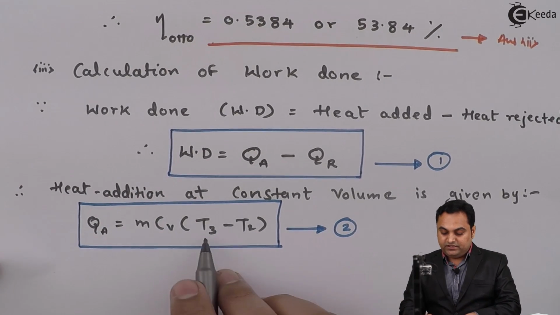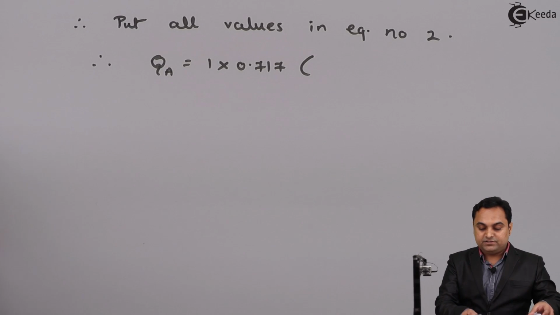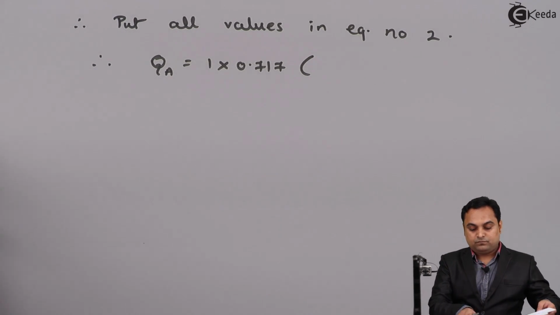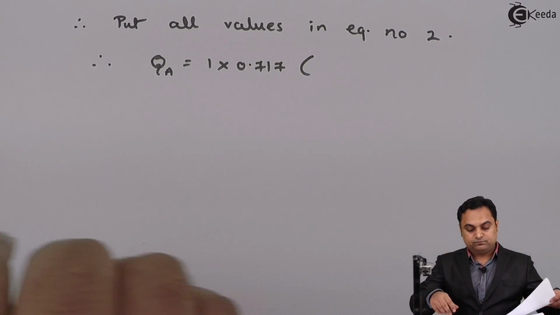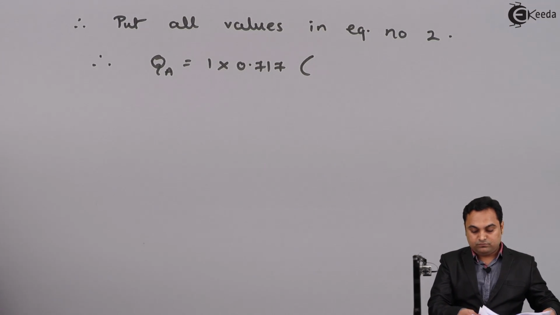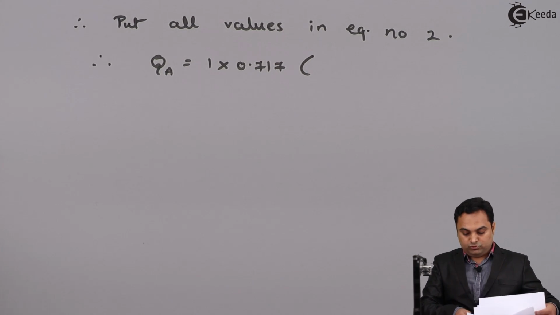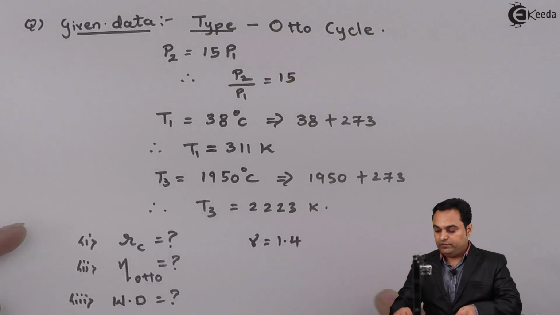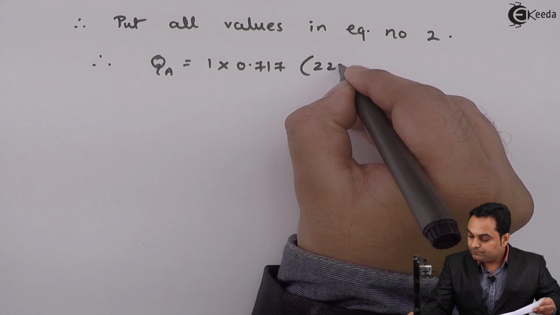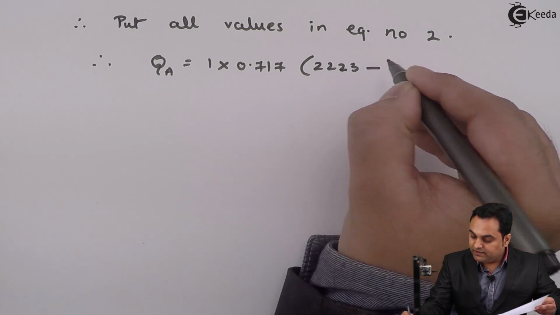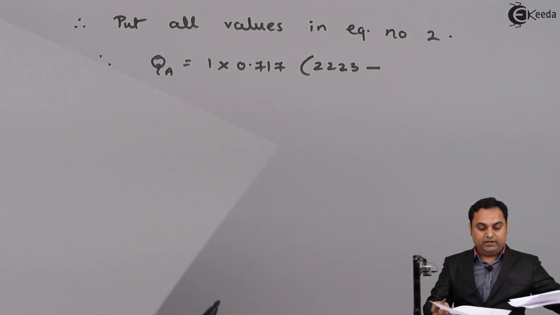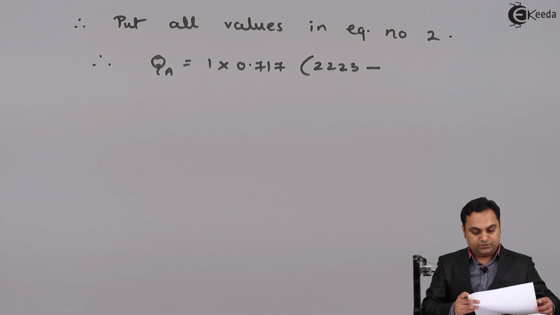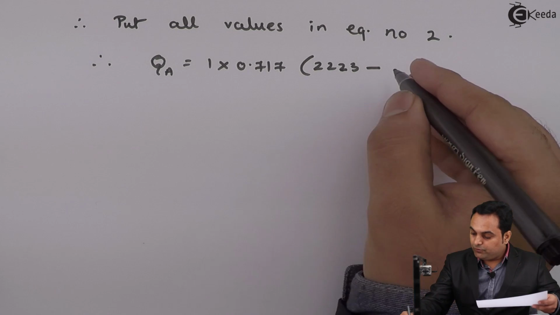Next T3 minus T2, T3 value is 2223 Kelvin minus T2 value we have calculated just now, and it was 673.83.